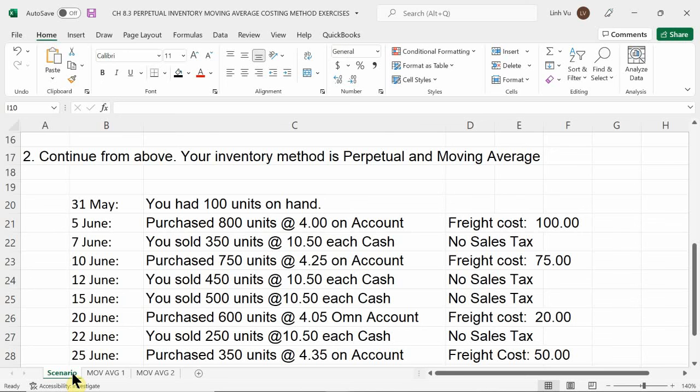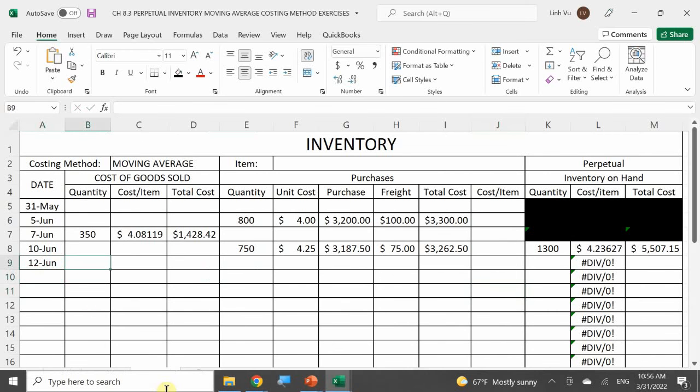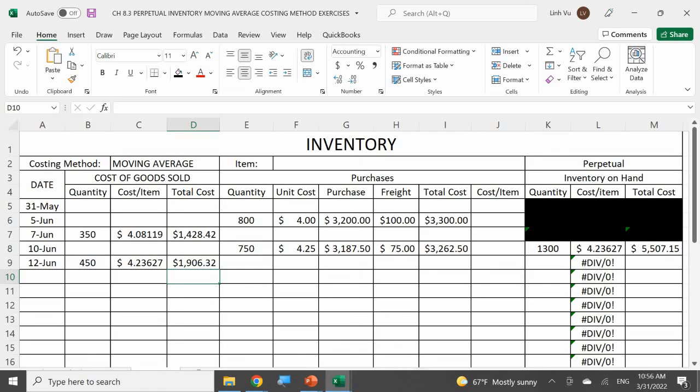We end up selling 450 units on June 12th. Average cost is 4.23627. So in this case, what's my total cost of goods sold? $1906.32. Good.